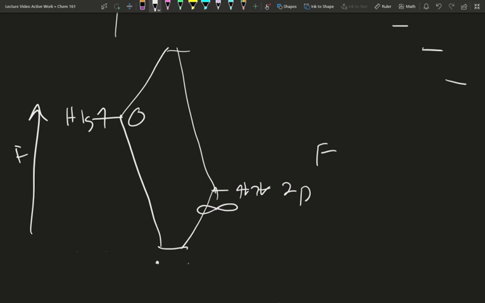You'll get a shape that looks like this. Plus and minus, where they overlapped, might be a little bit bigger on this side. But where they overlapped in the middle, there's some constructive attraction. There's still a node centered on the fluorine, but there's definitely more density here in the middle than there was before the overlap.